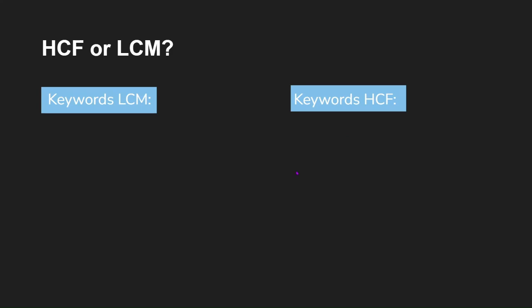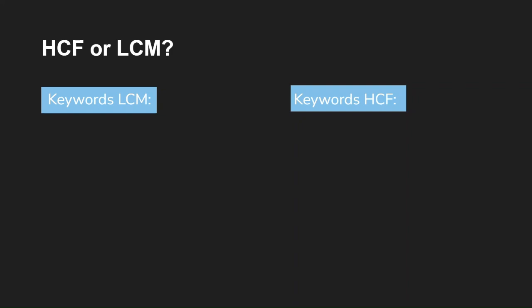So let's think about some keywords when we're thinking about lowest common multiple and highest common factor. So in a problem where we are asked for the lowest common multiple, what are some keywords we might see? And then conversely, what are some keywords for highest common factor? So I would like you to think back to some of the problems we've had.